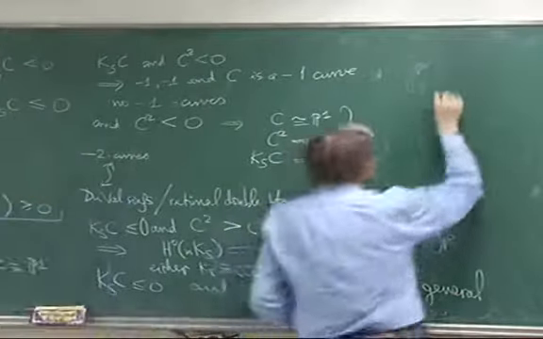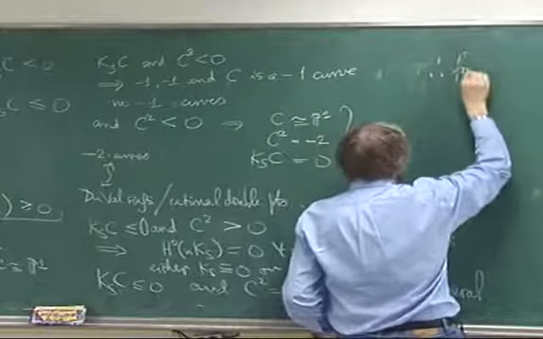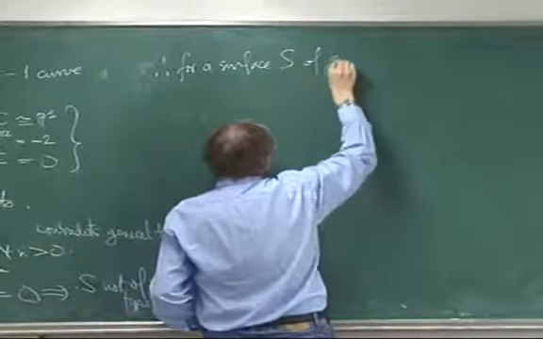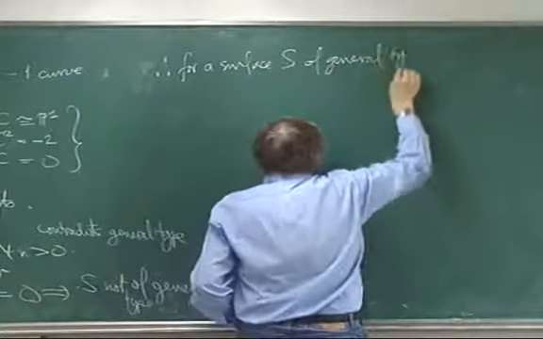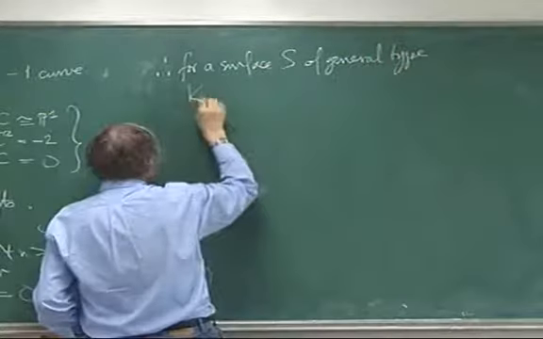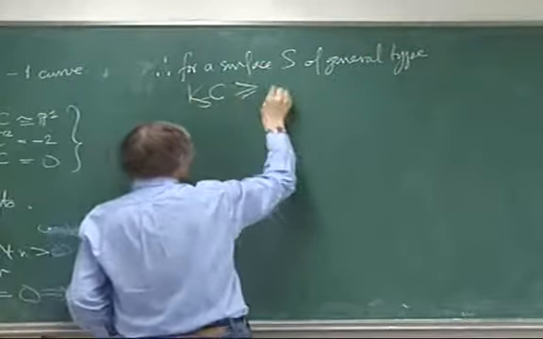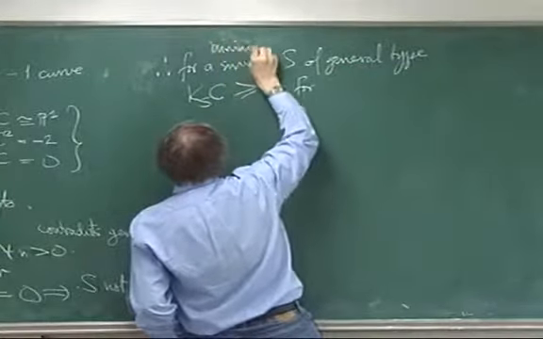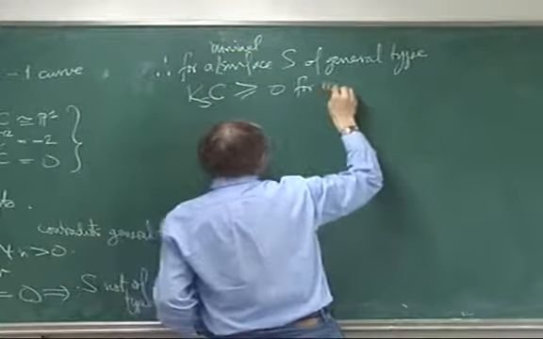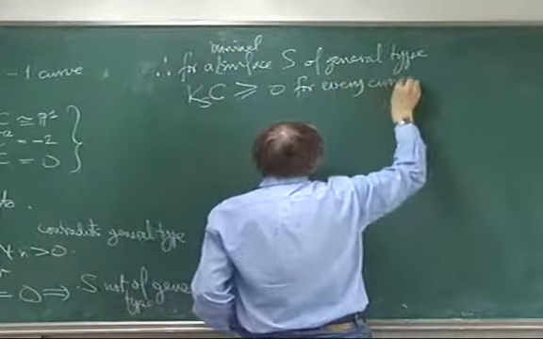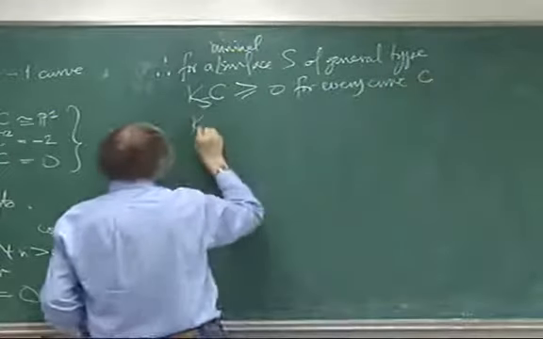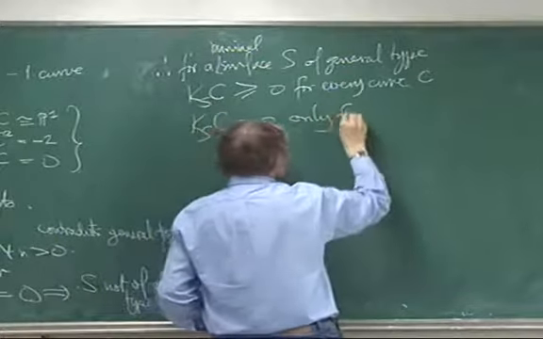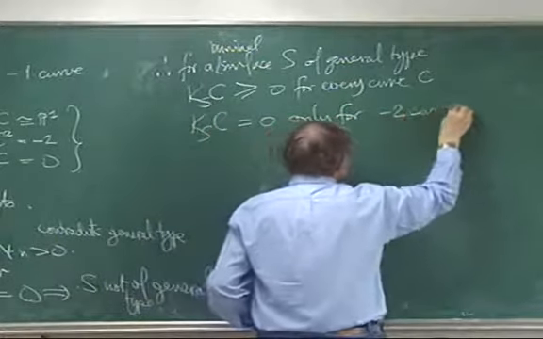And so therefore, for a surface of general type, Ks times C is greater than or equal to 0 for every curve C, minimal, and Ks times C equals 0 only for minus 2 curves.